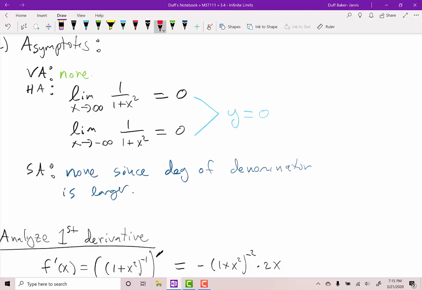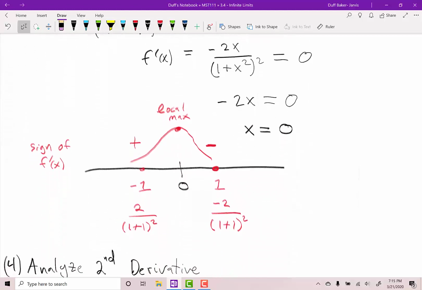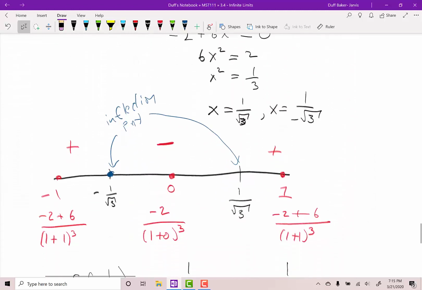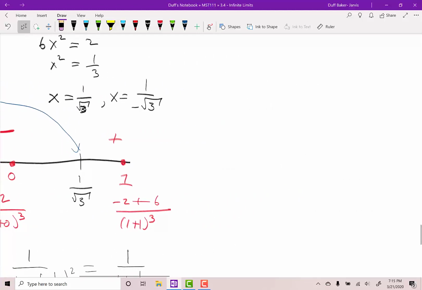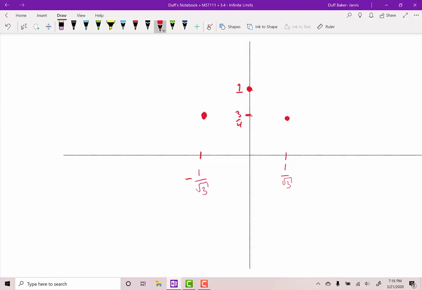Same as it goes to minus infinity. From the first derivative, we saw that it was increasing to the left, decreasing to the right forever. And in the second derivative, we see that it should be concave down in the middle and then concave up on the outsides.